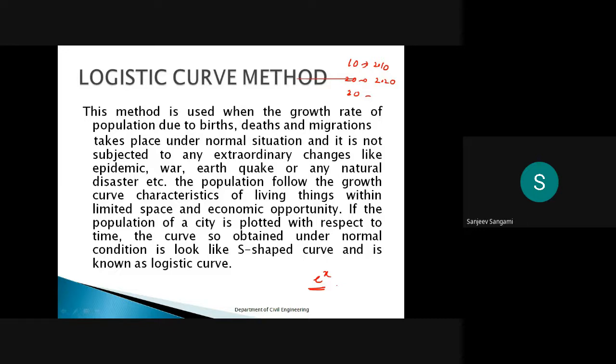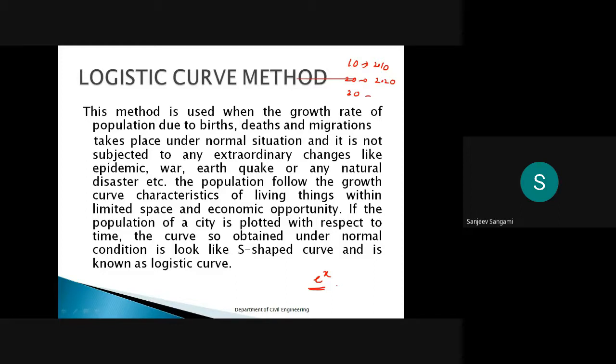We discussed one method called the decreasing growth method, in which we assumed that the population is going to decrease due to epidemics and wars. So normally, a sudden decrease in growth is going to happen.